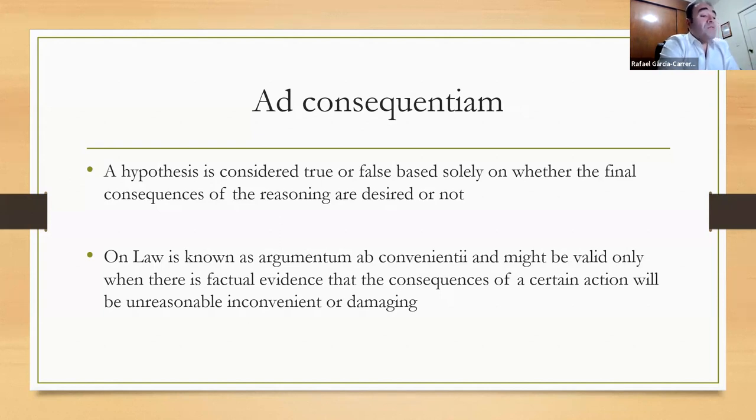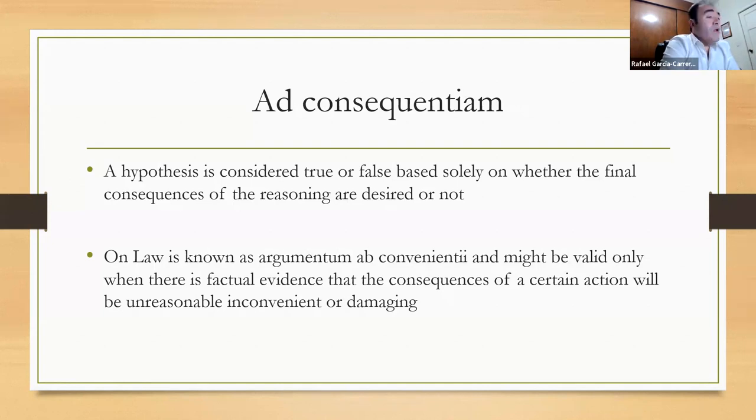There's another exception to this kind of fallacy, and in law it's called argumento ad conveniency, and it means that it might be valid only if we can present factual evidence that the consequences of those actions will be unreasonable, inconvenient or damaging. That means that you can argue that whether or not an argument prevails may cause a genocide.